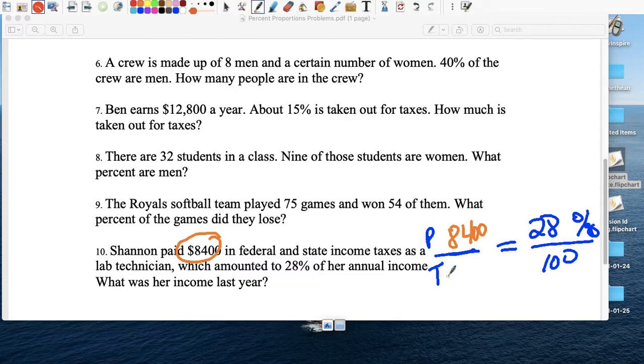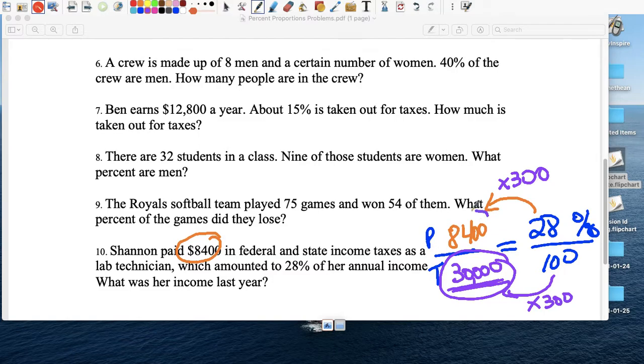So let's see if there's a relationship. Yes, there is. 28 por cuánto, times what? It's times 300. So this at the bottom también va a ser times 300. So how much did she make last year? She made $30,000. Ganó $30,000 and she paid $8,400 in taxes.